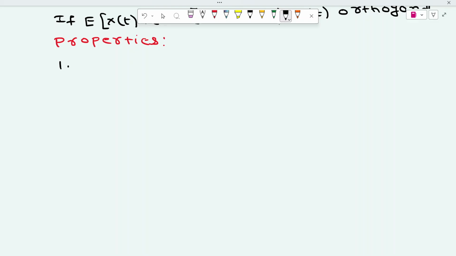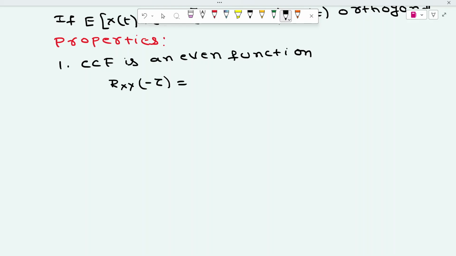For the cross correlation function, in short CCF, it is an even function, or it is also symmetrical. So then rxy of minus tau is simply rxy of tau.